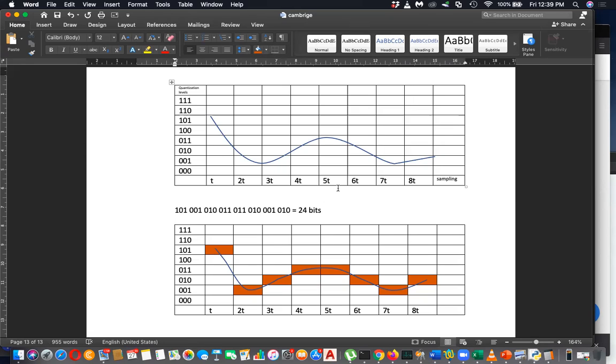Increasing 1 bit in quantization means you have 16 quantization levels, which will also double. 16 levels and 16 samples per second. Then what will be the size per 1 second of this audio?